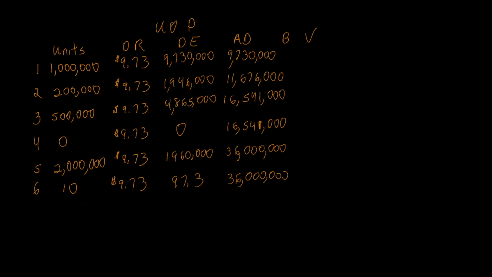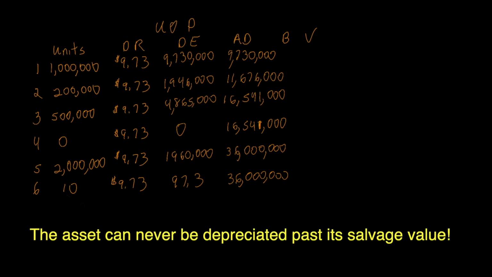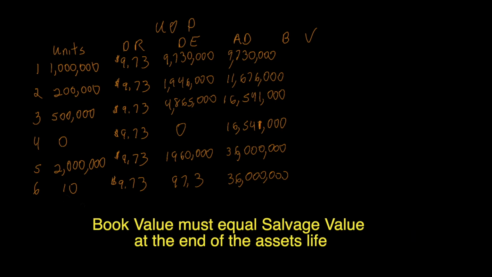Now, one thing I want you guys to notice, gang, is that whenever we're depreciating an asset, we cannot depreciate it past the salvage value. And in this illustration, it tells us that the plane's salvage value, after it's fully depreciated, must be $4 million, which means that the book value at the end of the life of this asset must also still remain $4 million.